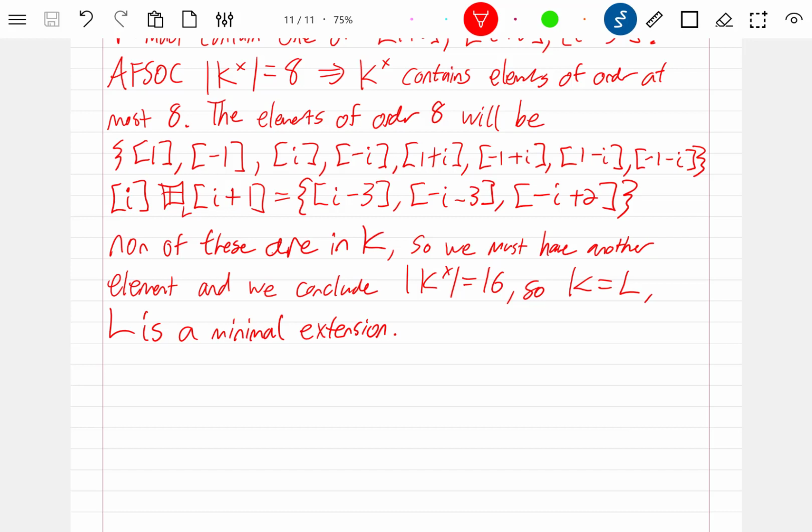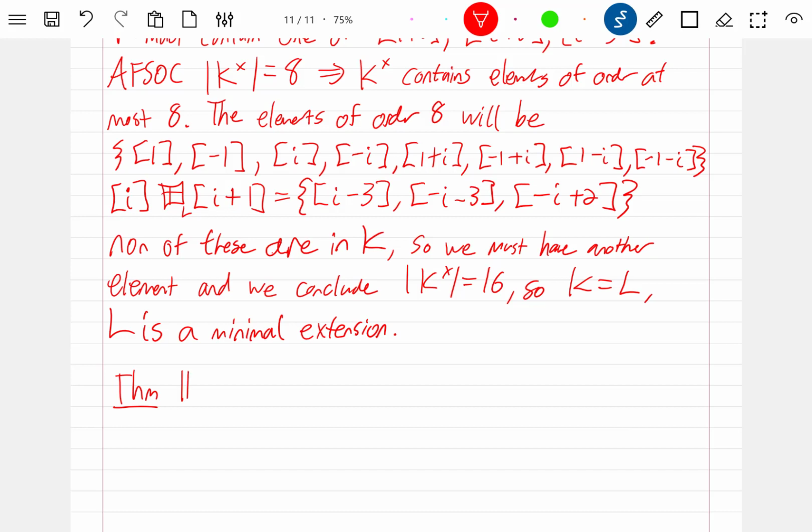So now, here is the next idea. So here's our next theorem. This is showing that we know we have one minimal extension, namely F49 mod the squares of F7.